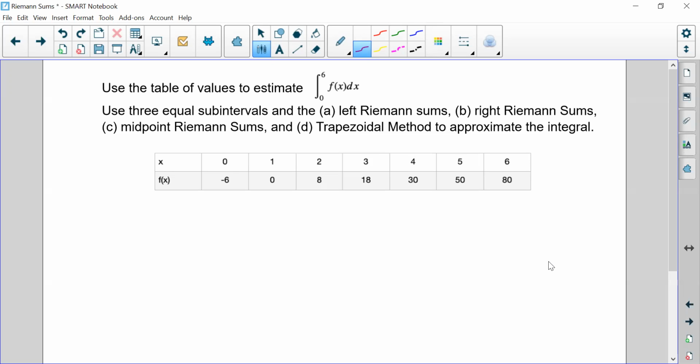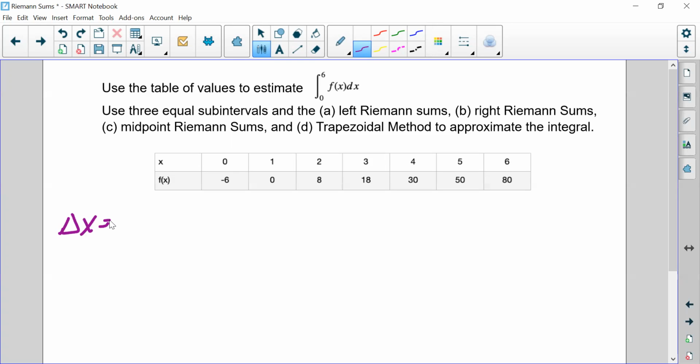But a lot of times, for some reason, either for convenience sake or just because they didn't think ahead, your data might not be collected in nice even intervals. In that case, we cannot use a delta x. We have to do each rectangle or each trapezoid having an individual different width. And so we have to make a little adjustment. So that's the first thing you want to look at. You want to look at your table and see if the x values are equally spaced or not. If the x values are equally spaced, your next step is to find delta x.